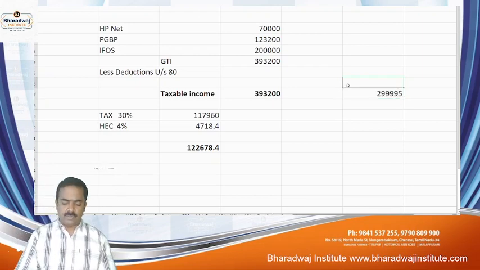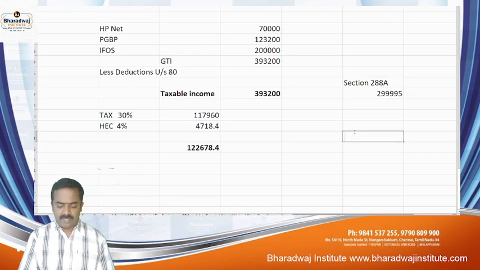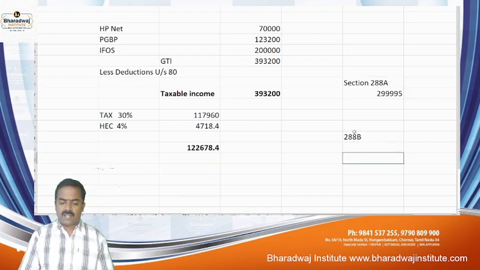This is section 288A, a very important section. According to section 288A, income will be rounded to the nearest 10. According to section 288B, tax also will be rounded to the nearest multiple of 10.